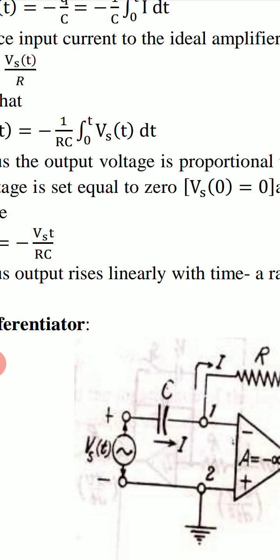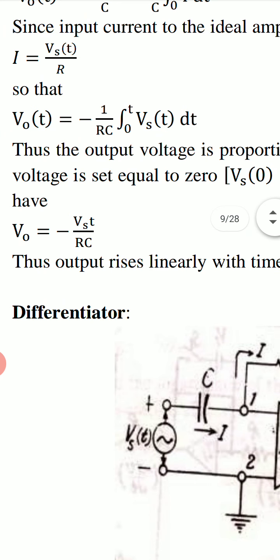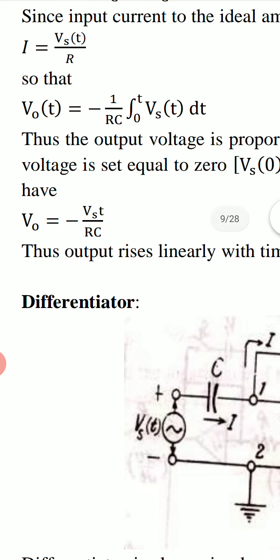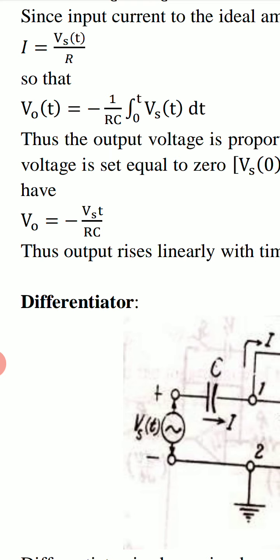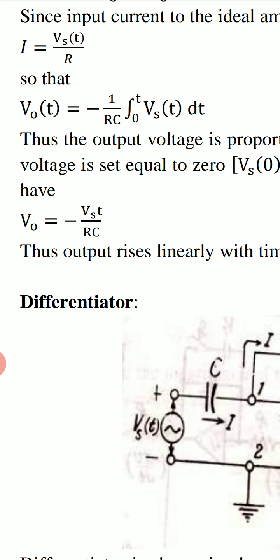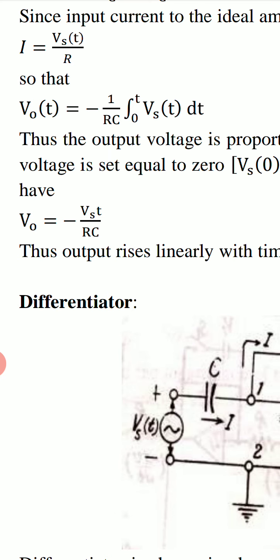If the input voltage Vs is constant and the initial voltage is taken as 0, then the value of this integral Vs dt with limits 0 to t becomes equal to only Vs t. Vs is constant, taken outside the integral, and the integral of dt is equal to t.